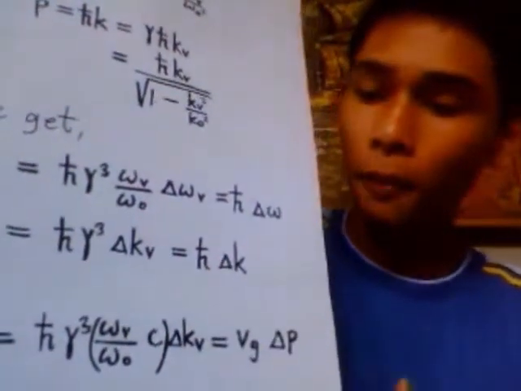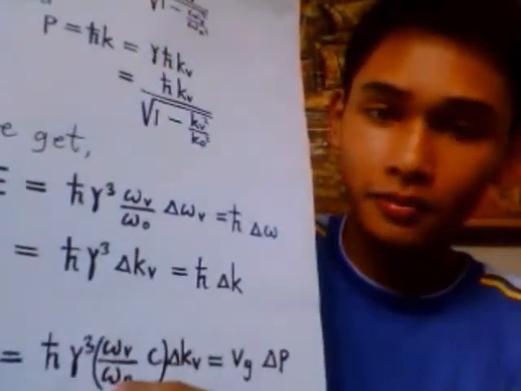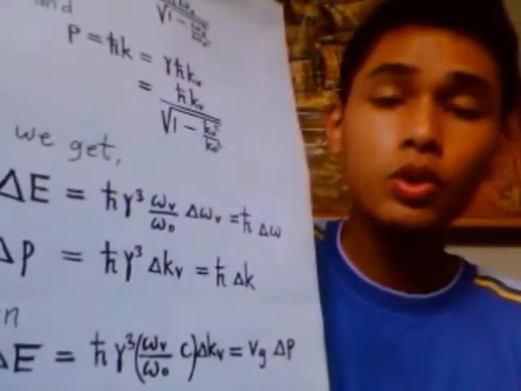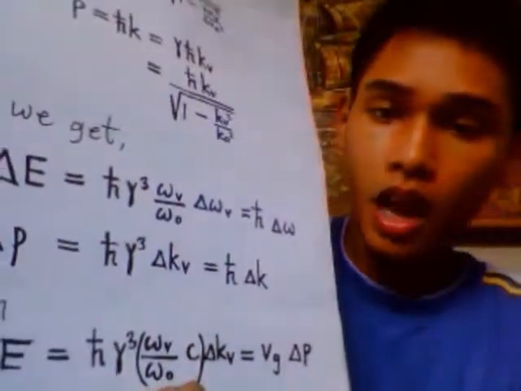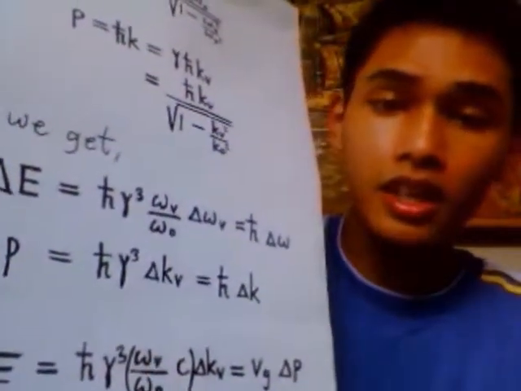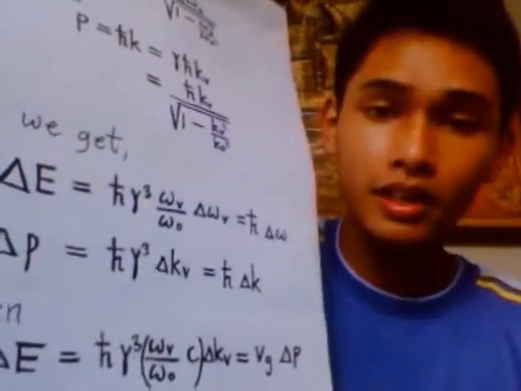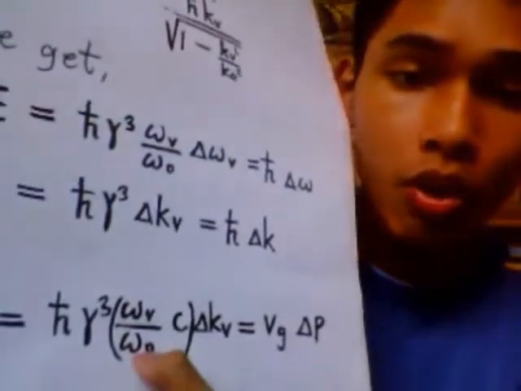You know that c is the speed of light, and this coefficient can change from 0 to 1. This can be 0 when omega p is 0, and this can be 1 when omega p is equal to omega 0.